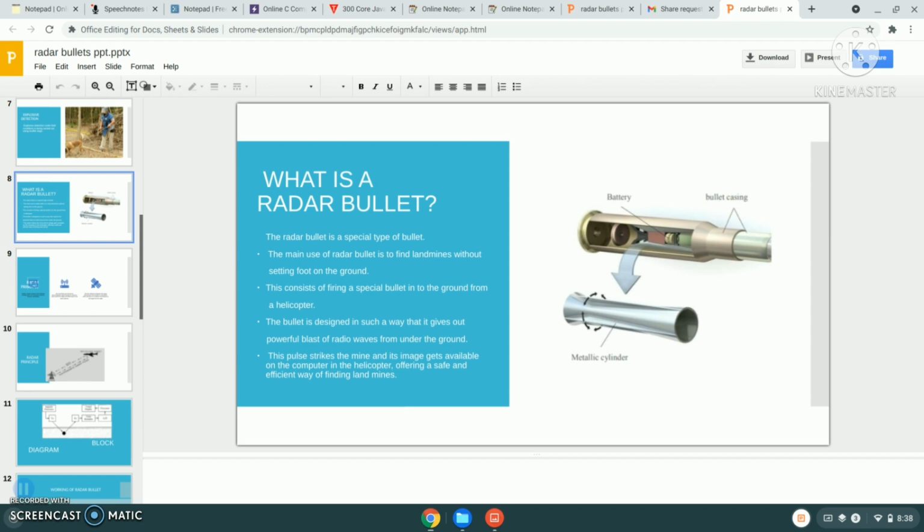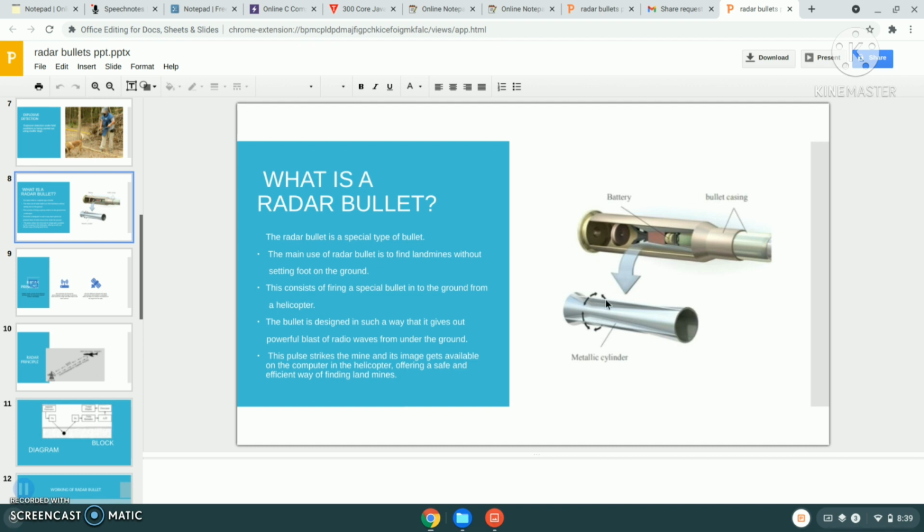What is a radar bullet and how is it more useful than metal and biological explosive detection? A radar bullet is a special type of bullet which is used to detect landmines without a human stepping on the ground. This is the internal structure of the radar bullet, and it consists of a special bullet which is fired into the ground from a helicopter.